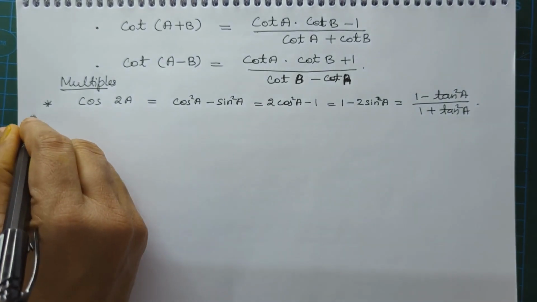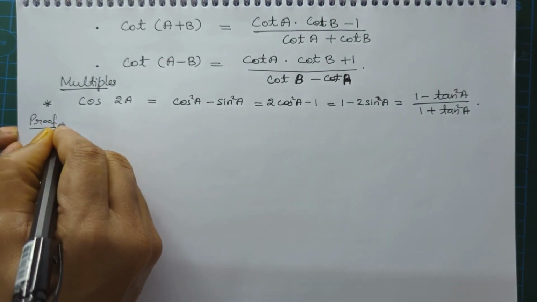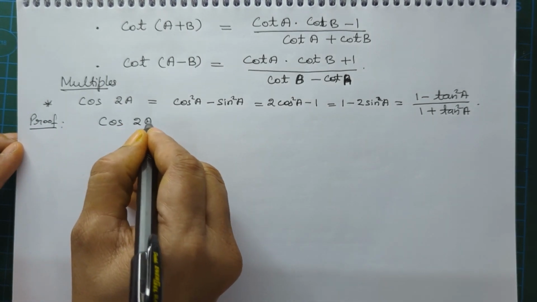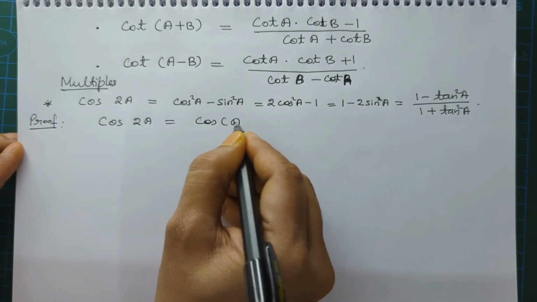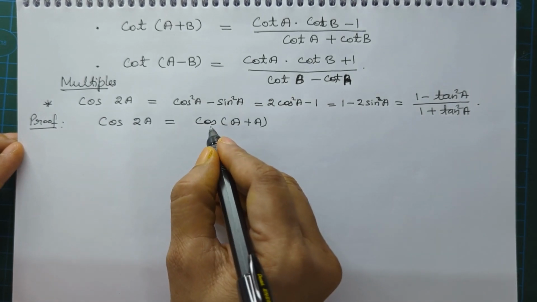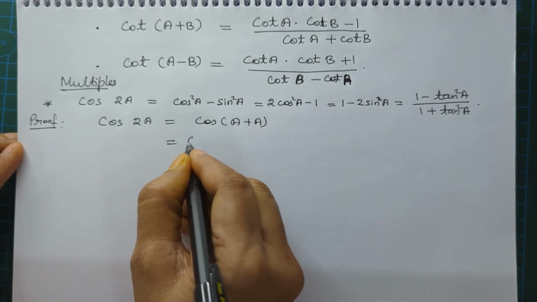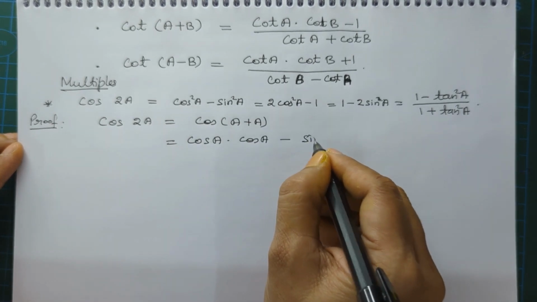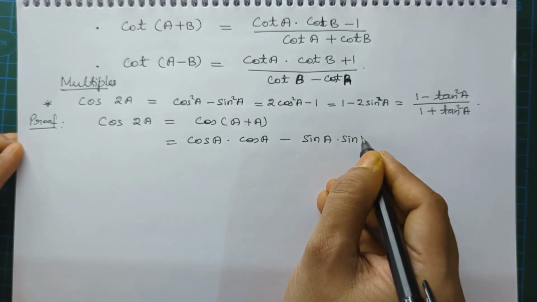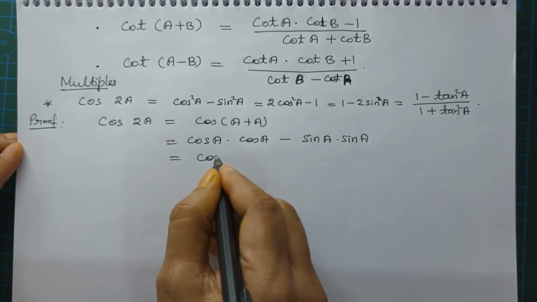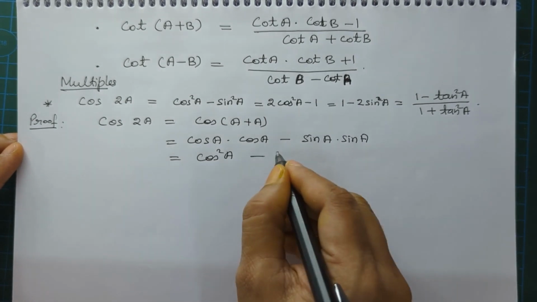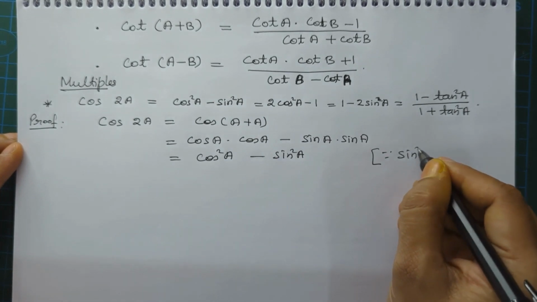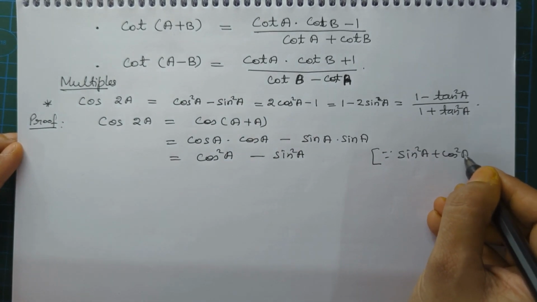So let's derive this. Some of them I will derive, the others we can figure out how the formula must have come. Since cos 2A can be written as cos(A + A), what is the formula for cos(A+B)? That we will apply here: cos A cos B − sin A sin B. Here B is also A. So cos A into cos A is cos² A, sin A into sin A is sin² A. Then we apply the fundamental trigonometric identity, sin² θ + cos² θ is 1.